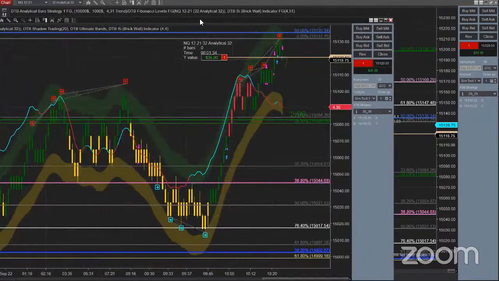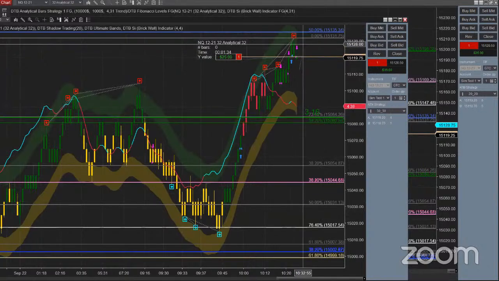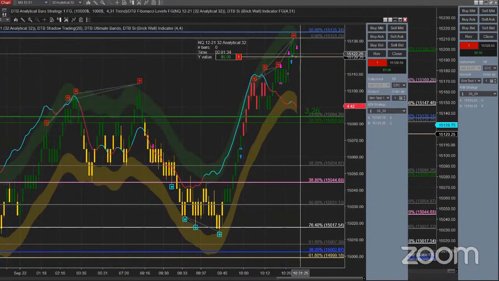So there's our 32 chart, the one we just entered on, that manual entry.